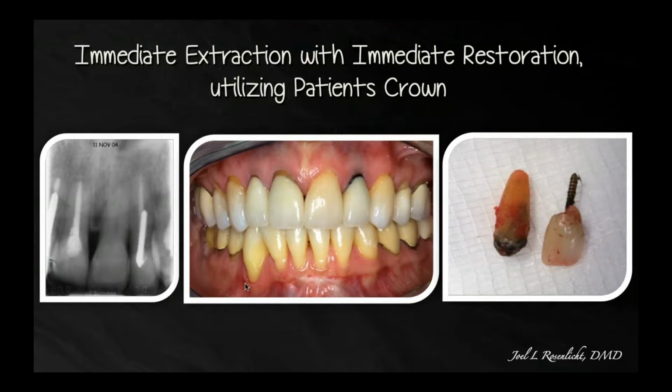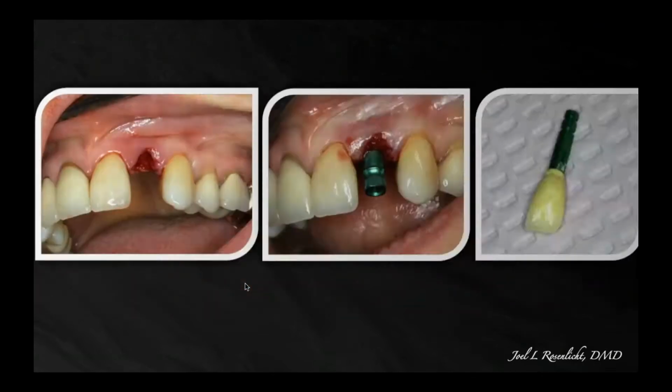She did not want any kind of removable appliance put in her mouth, and I felt she was an ideal candidate for the root extraction, implant placement, concomitant grafting, and a provisional restoration placed on it. And what better provisional restoration would be her own original restoration?